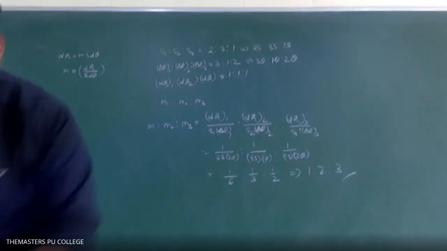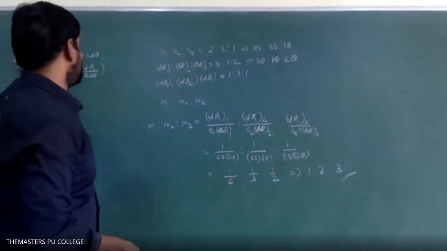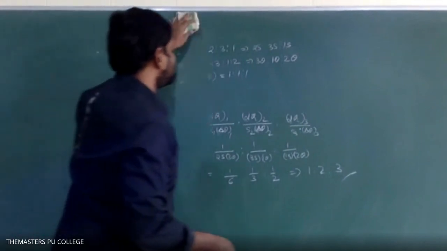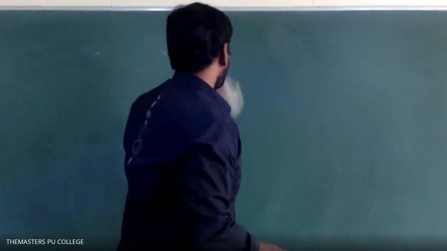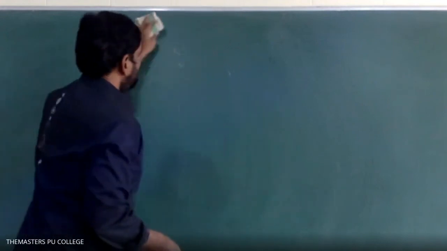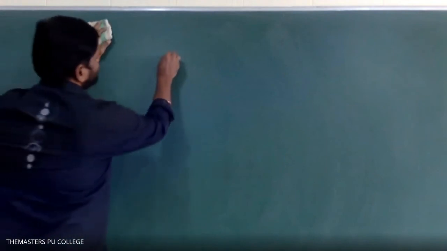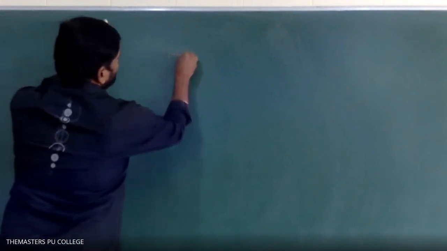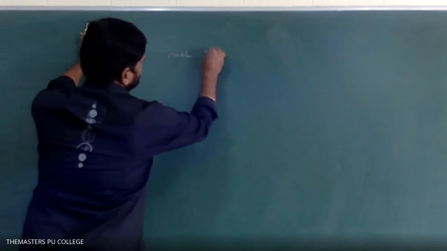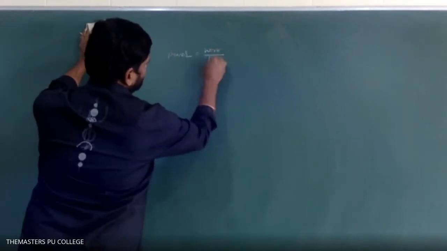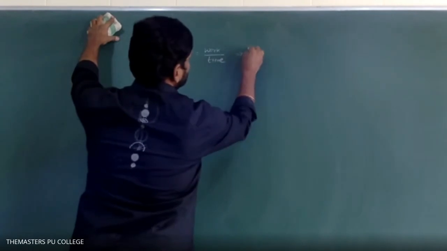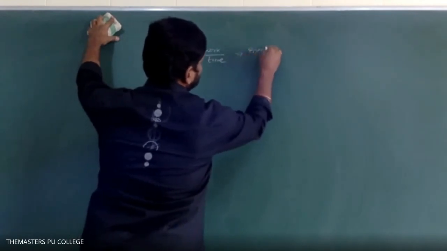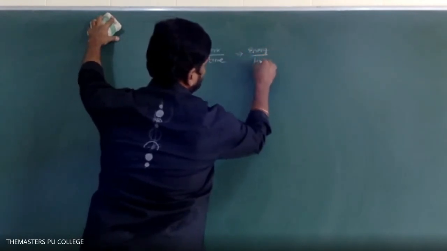Then what is meant by power? They are asking that. Power is nothing but the ratio of energy by time, or work by time. The power P can be defined as work divided by time. Work is nothing but energy, so this can also be written as energy divided by time.